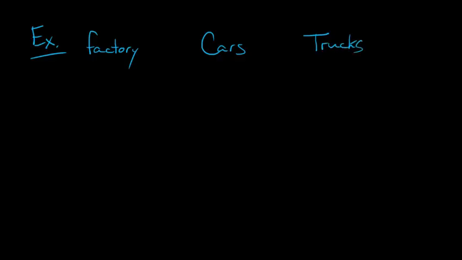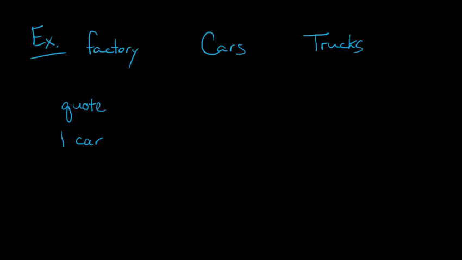Someone comes, and I know this isn't common, but let's say someone wanted a quote for one car from this factory. The factory says, we're not going to give it to a dealership, we'll deal directly with you, and we'll give you a quote for this one car. You say, okay, great, let's see the quote.